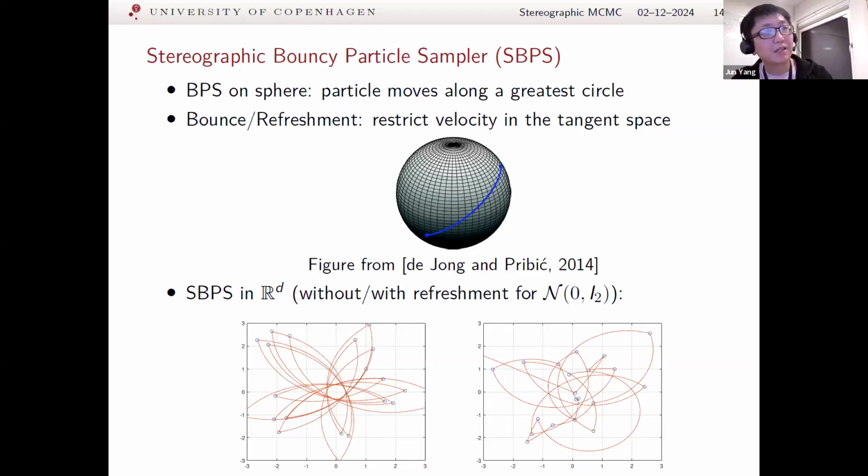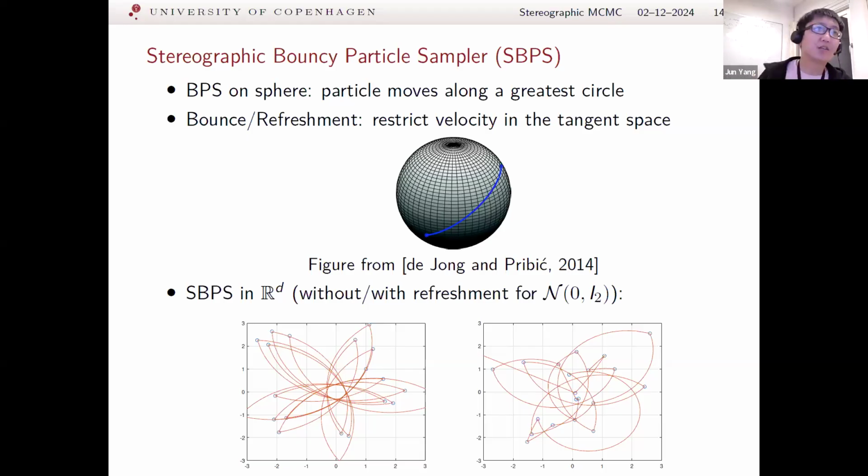But after you project back to Euclidean space, the particle automatically speeds up at the tail and slows down in the center. So it's not unit speed anymore. And furthermore, we still have this ergodicity issue. If we don't simulate the refreshment event, this particle won't be able to visit any area inside. So we have to simulate the refreshment event to get a trajectory like the picture on the right-hand side. However, later I will explain why this refreshment event is very efficient in high dimensions.